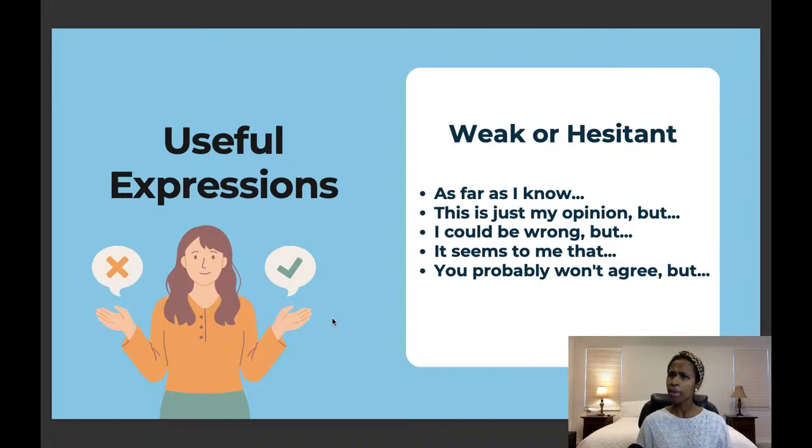It seems to me that you probably won't agree, but... or you could also say, you probably will not agree, but, because won't is the contraction of will plus not. Will not agree, won't agree.